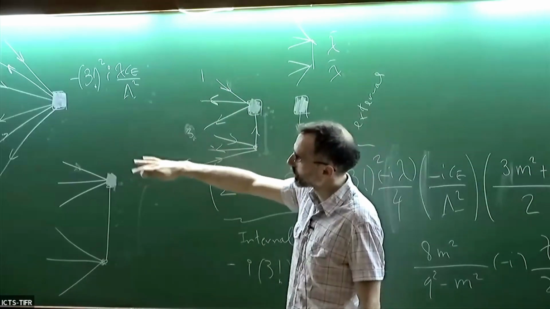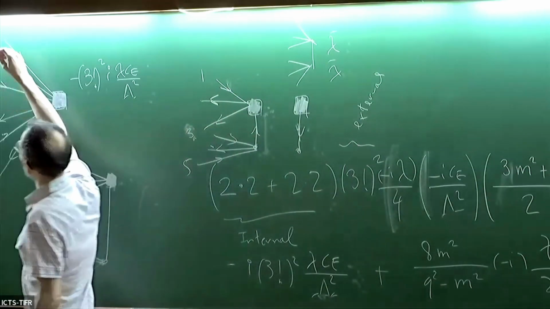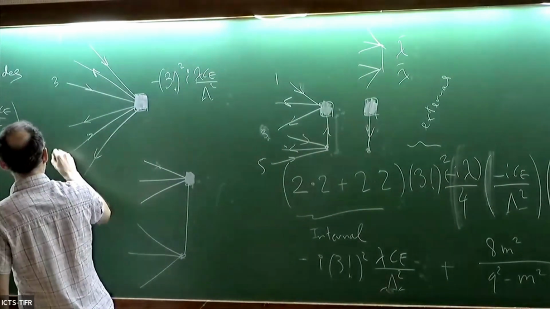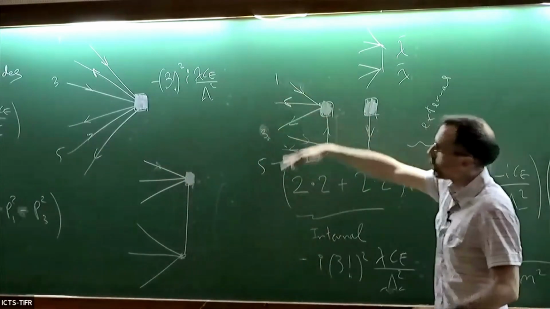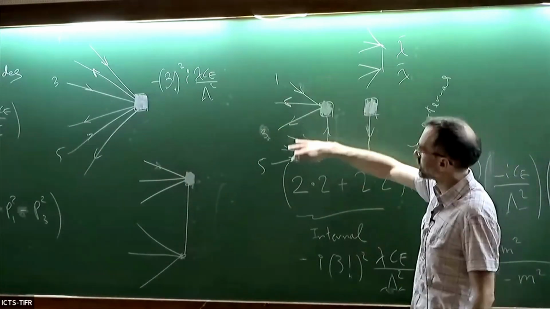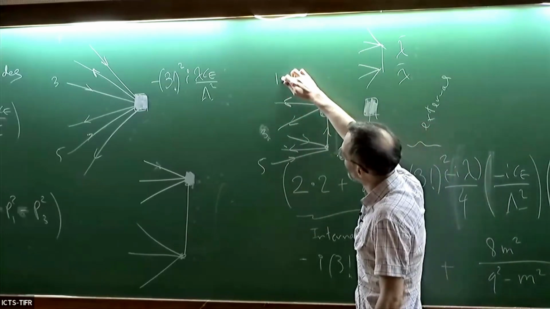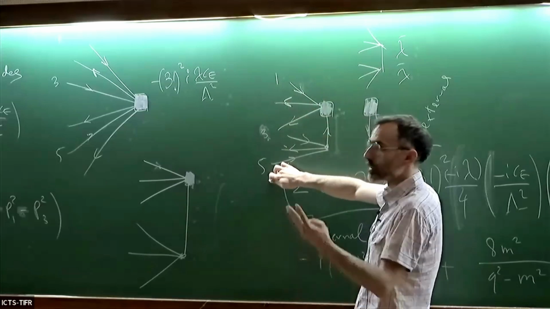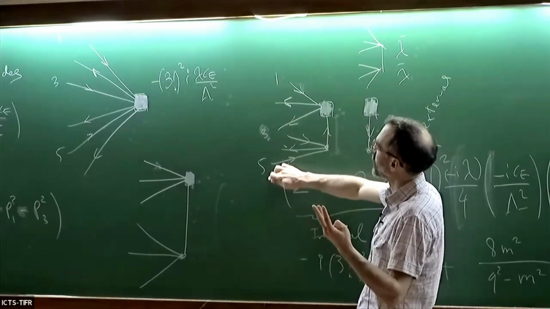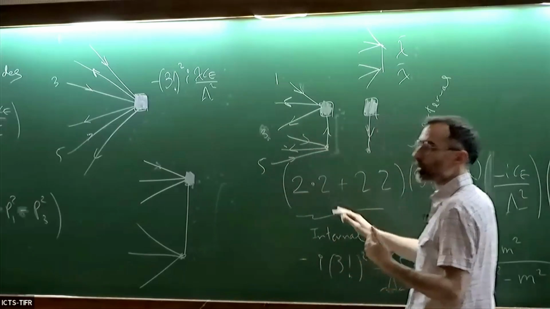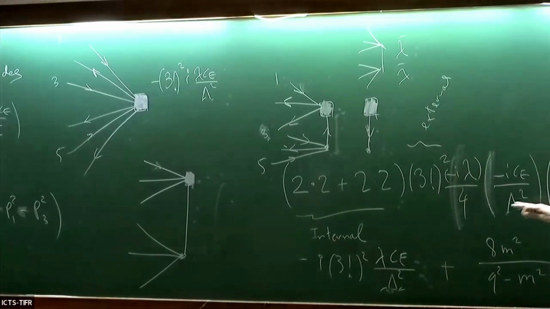I'm going to call all the incoming particles 1, 3 and 5. If I have to assign 3 numbers to 3 legs, there's 3 factorial ways to do it. I can put number 1 here, or number 1 there, or there. That's 3. After I assign number 1, number 3 has only 2 places to go, and number 5 has just one place, so 3 factorial. The same thing for antiparticles, so we'll have a 3 factorial squared, one for each, particle and antiparticle.